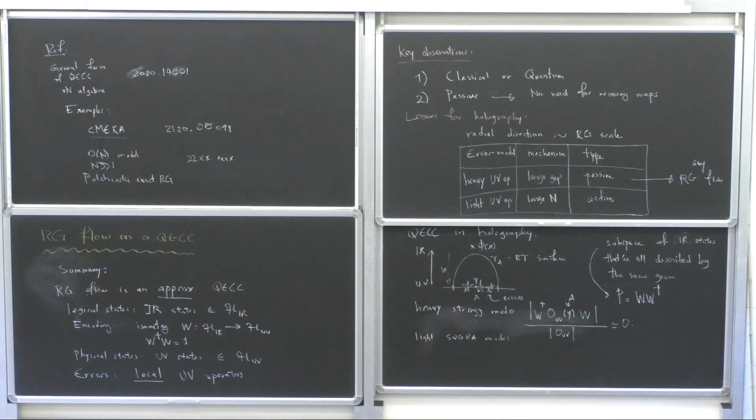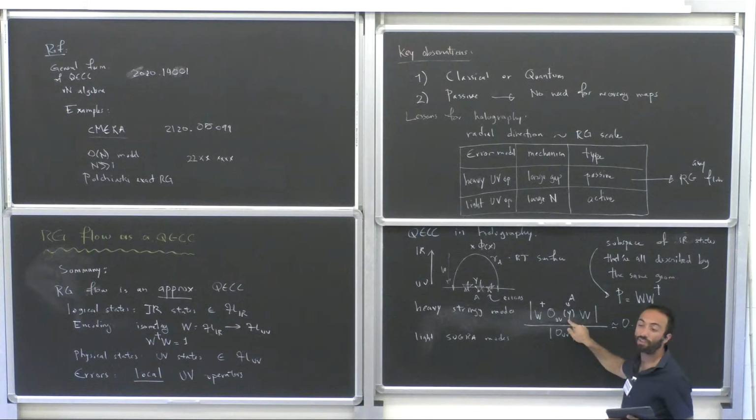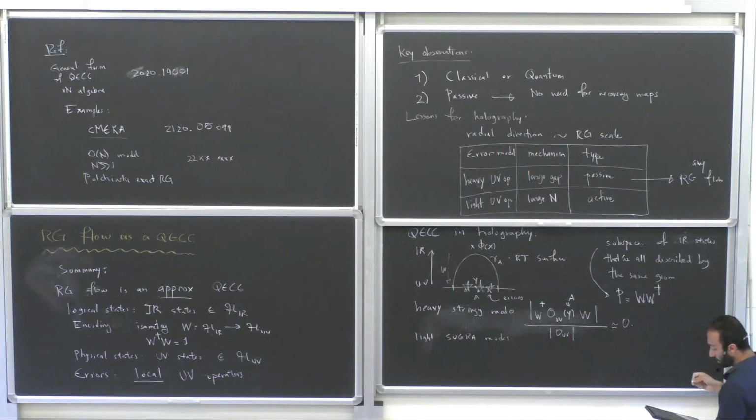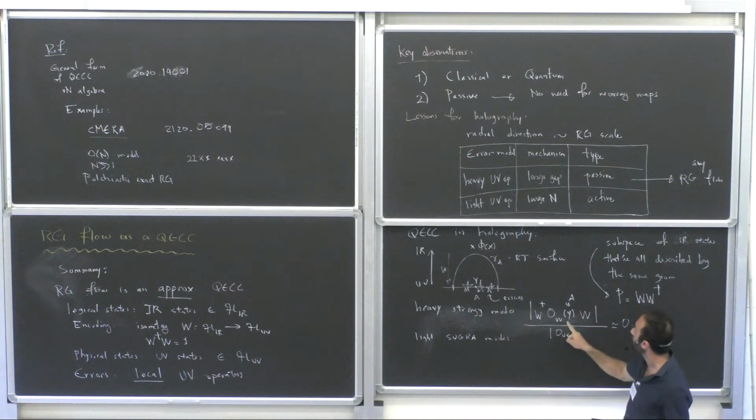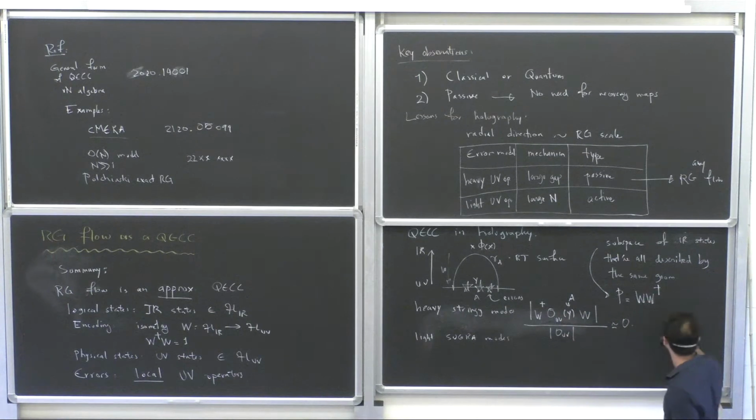For heavy stringy modes, when you project to the subspace of states that are described by the same geometry, basically the norm of this heavy stringy operator goes away. Meaning that if you were to calculate the correlators between this operator and phi of x and project to the code subspace, not only would the commutator vanish, but also the correlator would vanish.